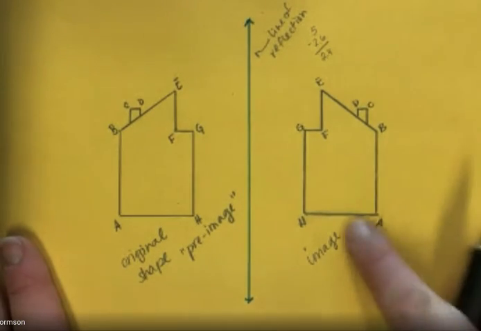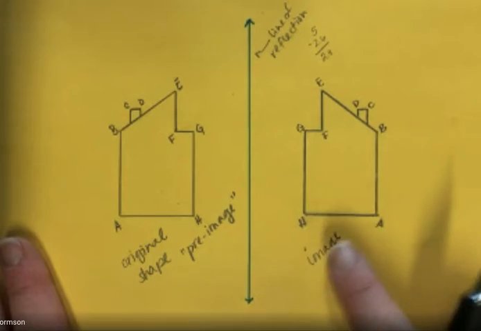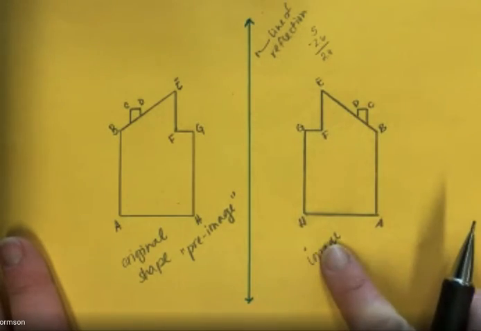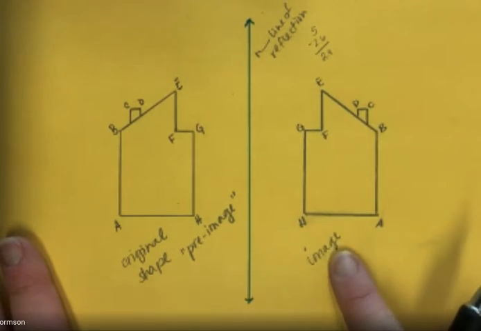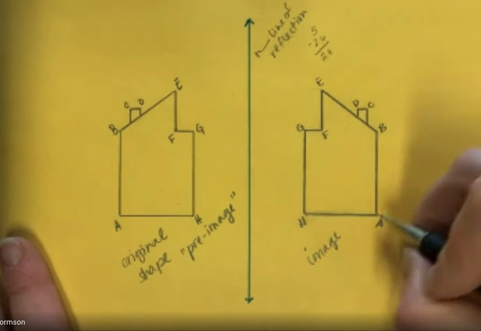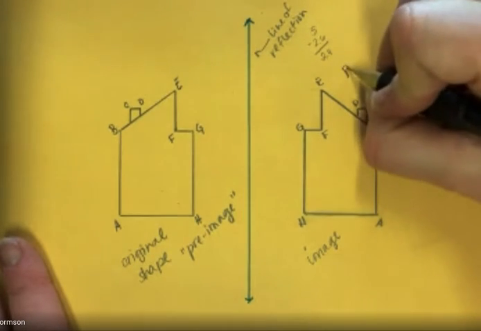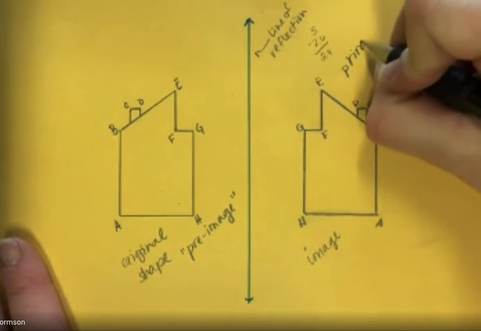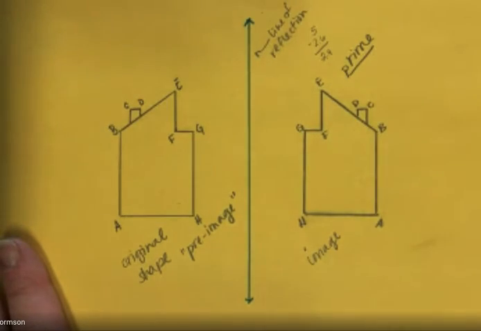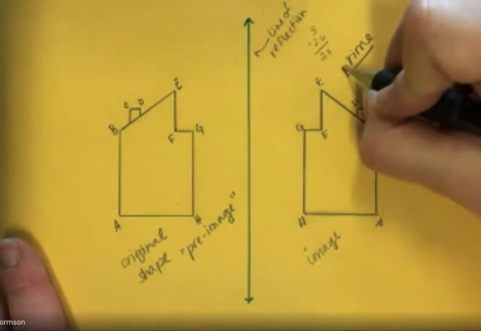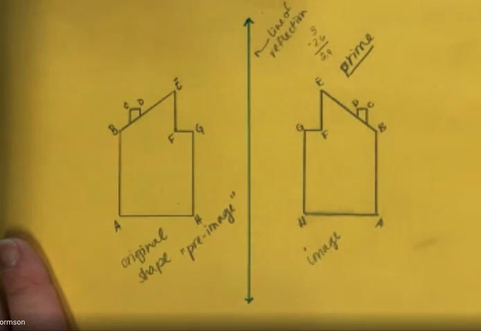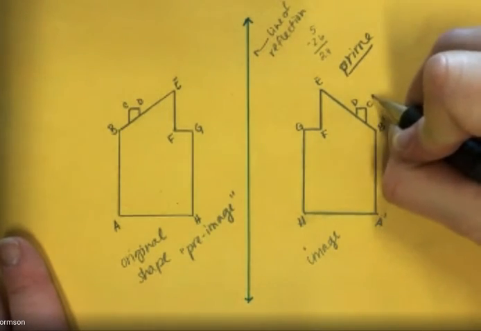So here is our image, and the way that I can indicate that this is my image without writing that down is with what are called primes. Prime, just like Optimus Prime. We're talking transformers here. I mean, we're doing transformation, so it makes sense that we have primes. Prime is a little apostrophe that we can put next to every single one of these labels.